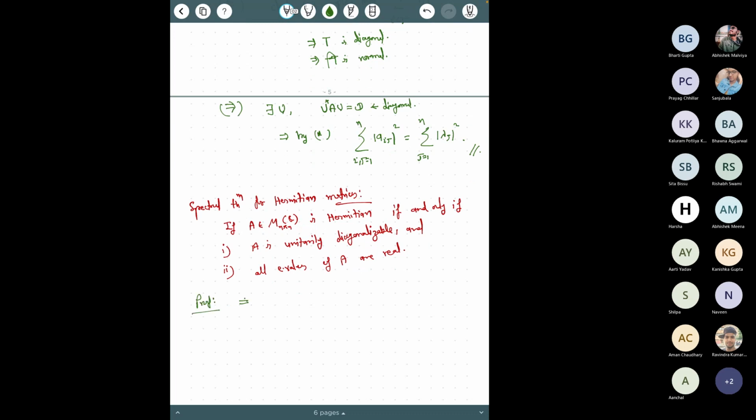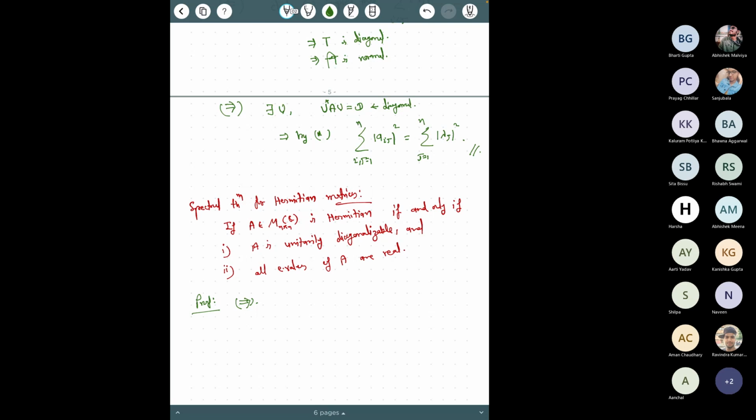Let us see this part first. A is Hermitian. Then we have to show that A is unitarily diagonalizable. It is unitarily diagonalizable because A Hermitian implies A is normal, and every normal matrix is unitarily diagonalizable. So the first part is true. We have to show that all eigenvalues of A are real.